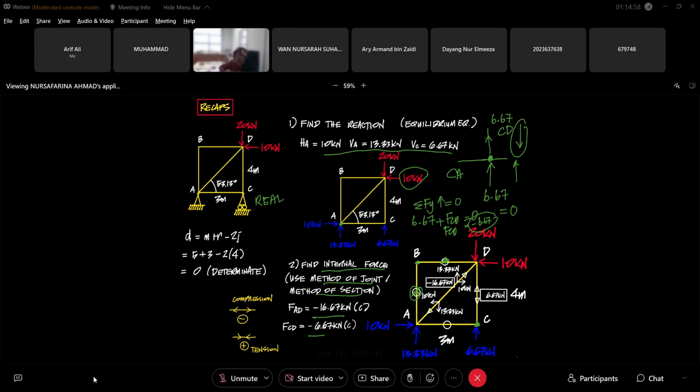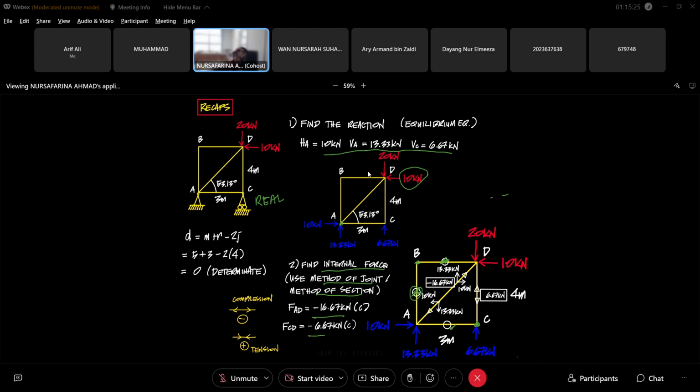Okay? Faham? Ni baru nampak satu. Faham? Okay, CA ni. Dekat si A, dia kosong sebab there is no loading in the X direction. Sebab tu dia kosong. Okay, so that is a number joint C, and then which joint do you want to start next?